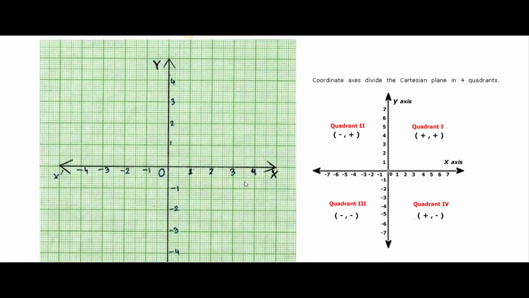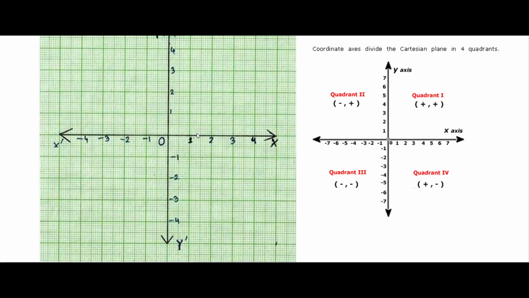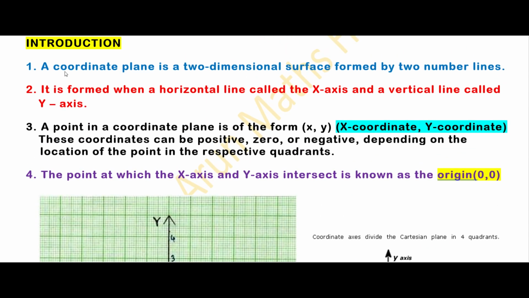You can see in the graph sheet, the coordinate plane is formed by two number lines: the horizontal line is called the x-axis and the vertical line is called the y-axis. That is, a coordinate plane is formed by two number lines.